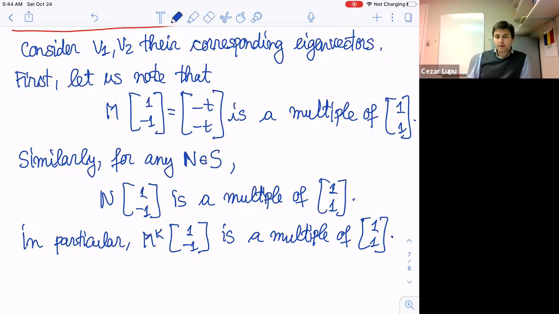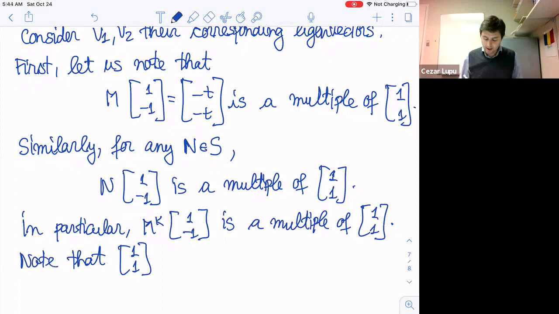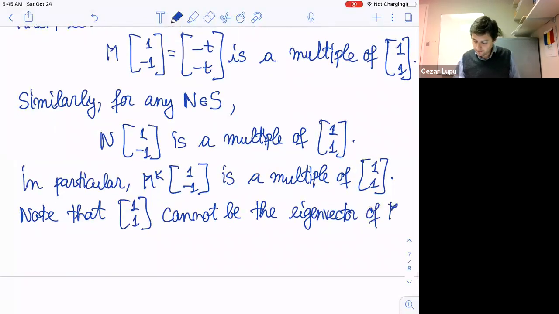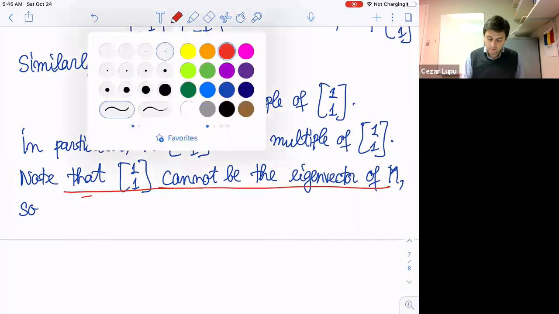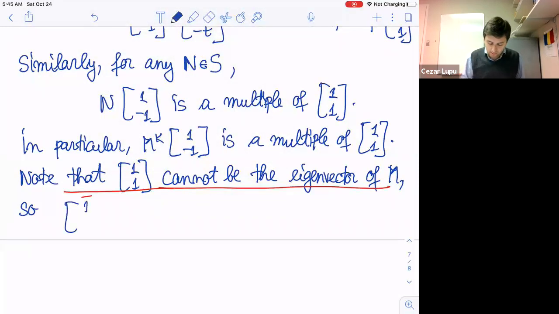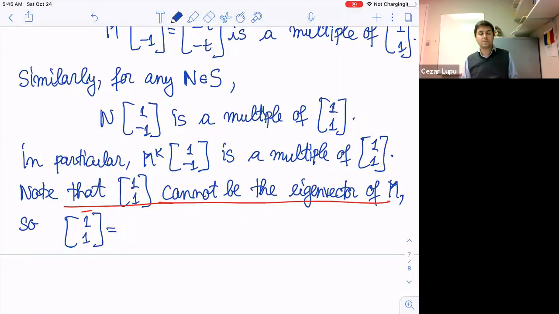Let's point out a remark here. Note that this vector 1, 1 cannot be an eigenvector of M. Since this is not true, it follows that 1, 1 can be expressed as a linear combination of the two eigenvectors v1 and v2 corresponding to the eigenvalues.